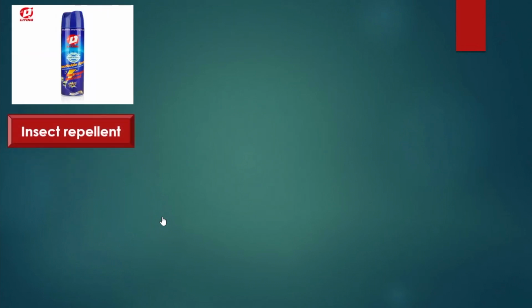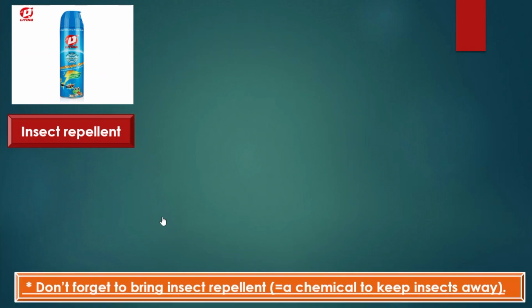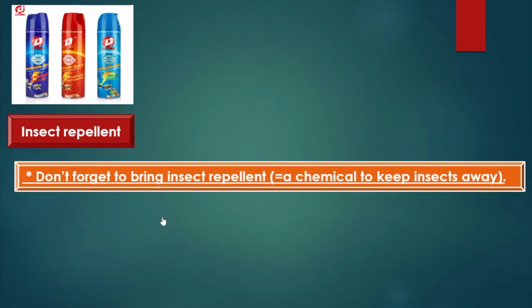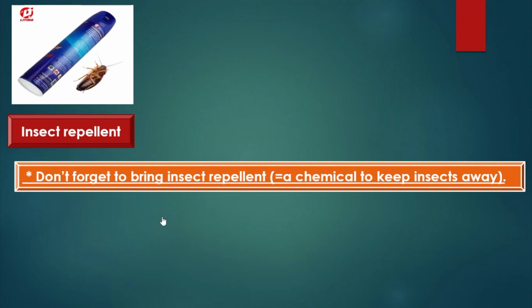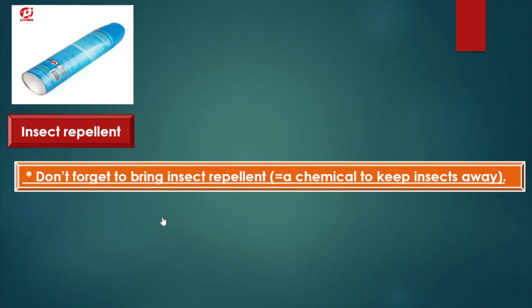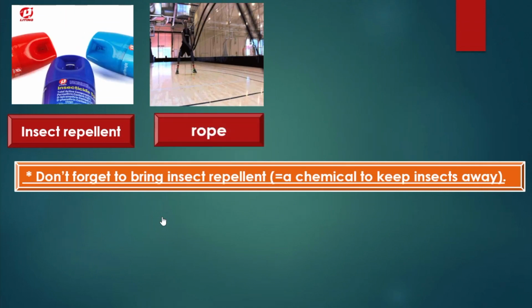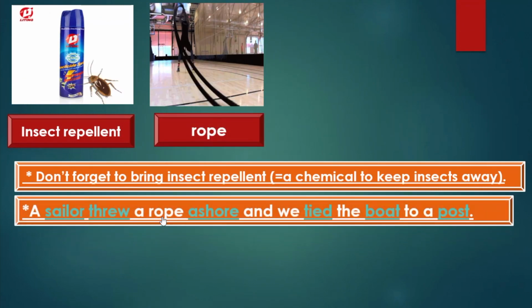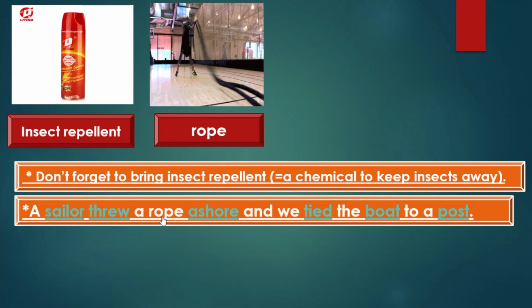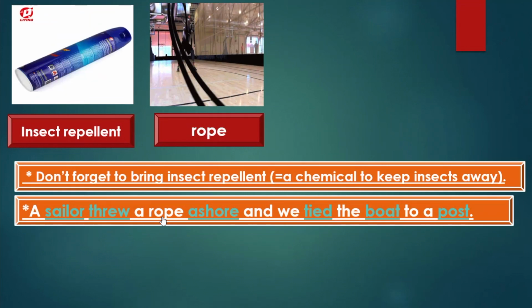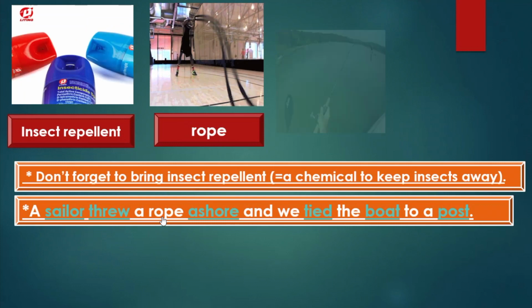Insect repellent. Don't forget to bring insect repellent, which is a chemical to keep insects away. Rope. A sailor threw a rope ashore and we tied the boat to a post.